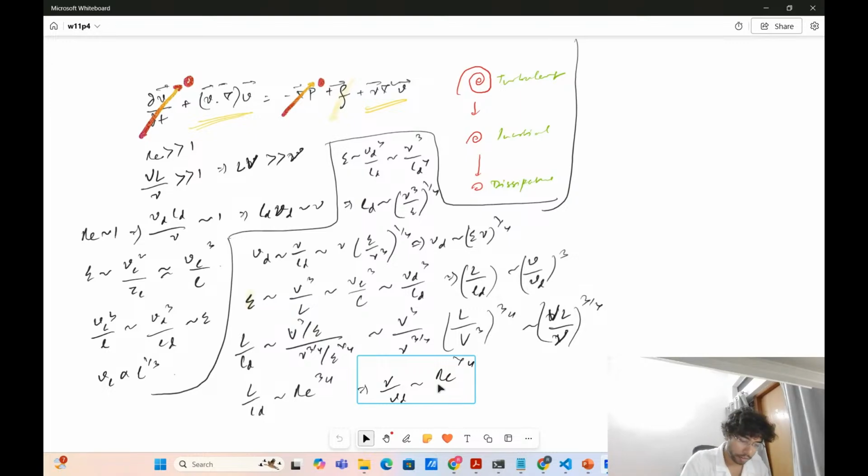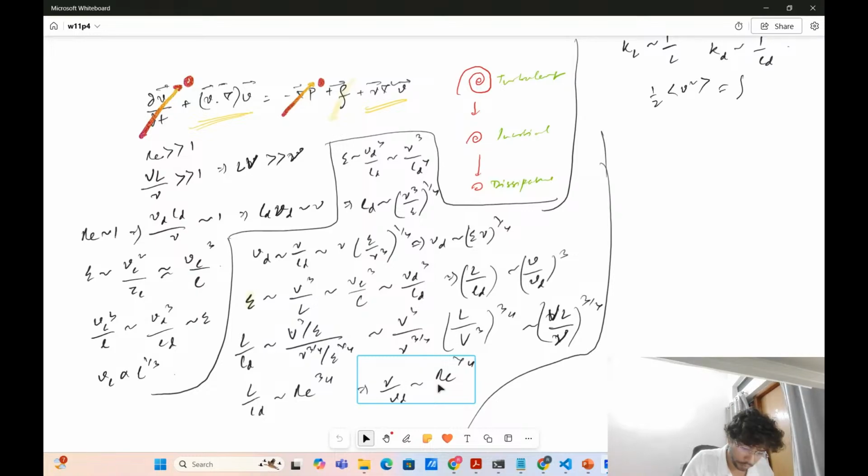Okay, so another analysis, like the spectrum or the Kolmogorov minus 5/3 law, which I was explaining there. So that can be obtained from, so this wave number K is proportional to 1 by length. Okay, so half of V square is equal to the integral from 0 to infinity of E(k) dk, right?